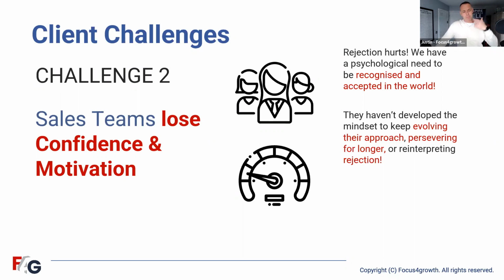When sales teams lose confidence and motivation, they haven't developed the mindset to keep evolving the approach. Remember I said, don't keep doing the same thing if it doesn't work. Pause, go back, evolve the approach, or persevere for longer, recognizing that it's just a process, a series of steps that delivers a result, or reinterpret rejection.